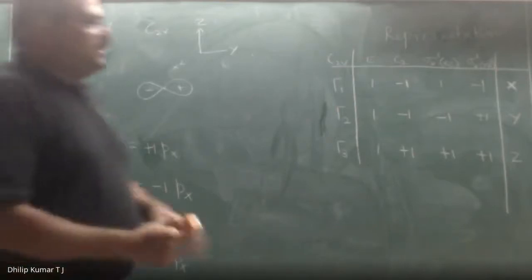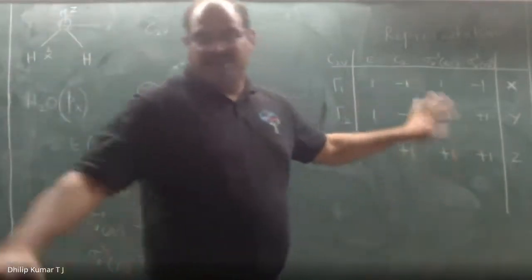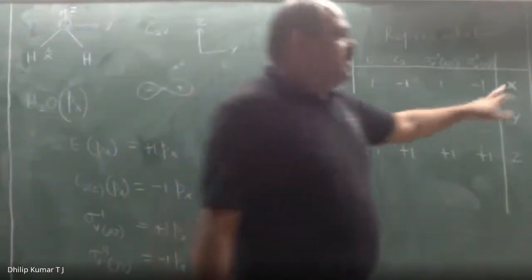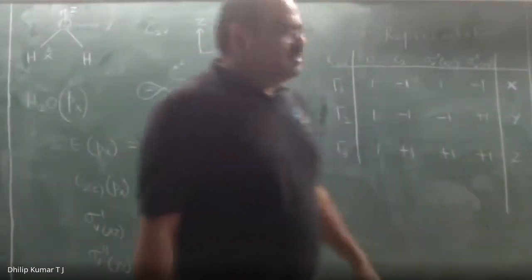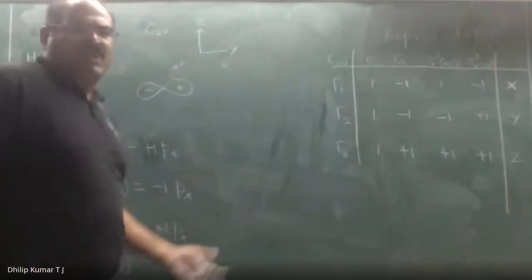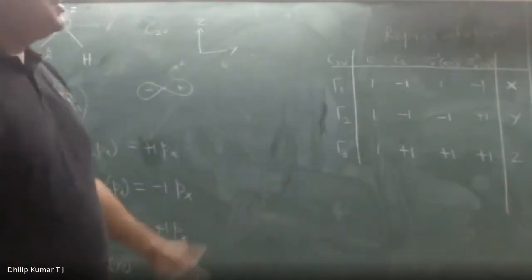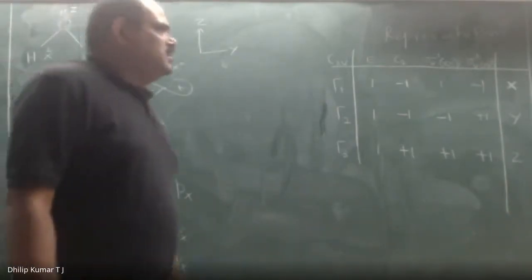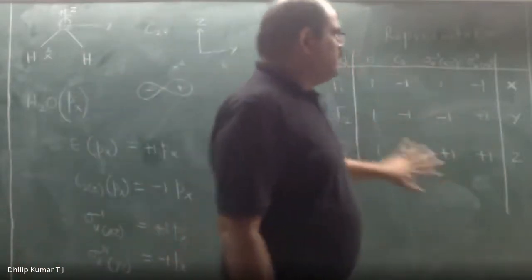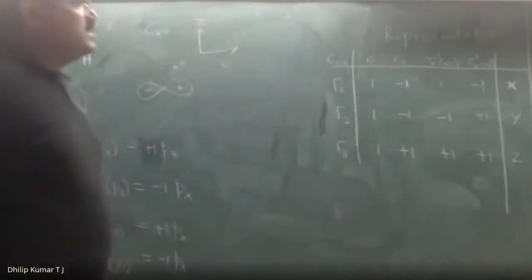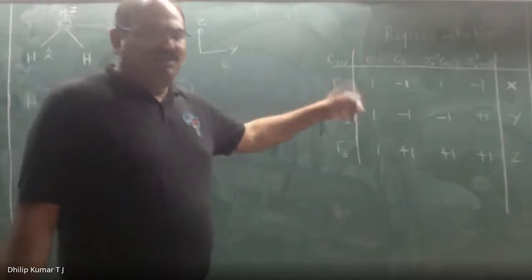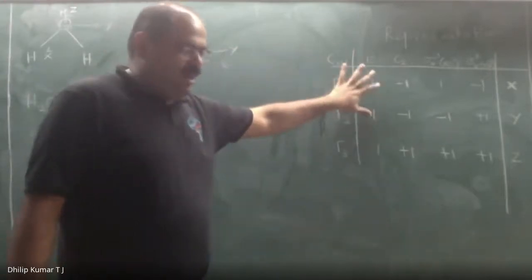So these are the representations in the matrix form I was telling you about. These are the representations, and these are the bases. X, Y, Z are the bases. It could be Px, Py, Pz orbitals, or just Cartesian coordinates X, Y, Z. And since these are 1 and -1, you cannot go below that. So these are called one-dimensional representations.